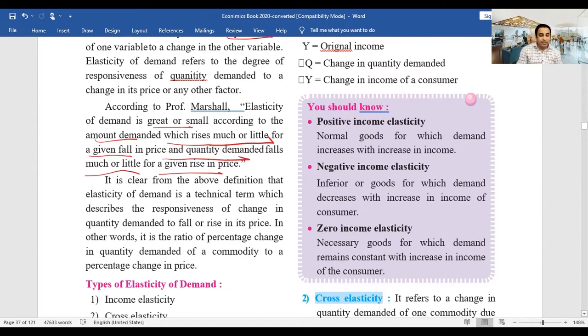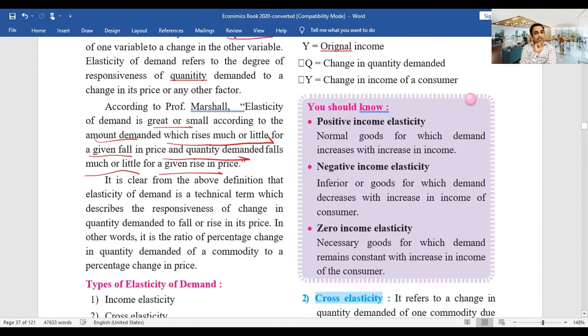Now, if we speak mathematically, the formula for price elasticity of demand is percentage change in Q upon percentage change in P. For income elasticity of demand, the formula is percentage change in quantity demanded upon percentage change in Y, that is income.